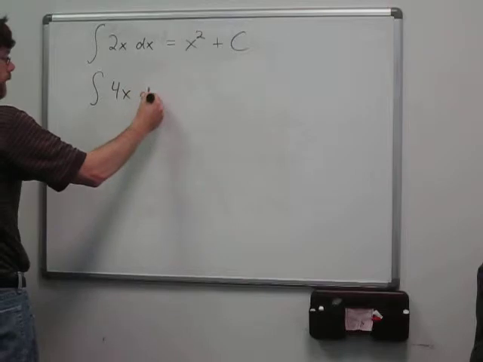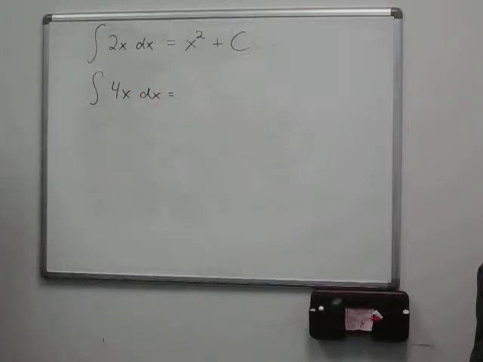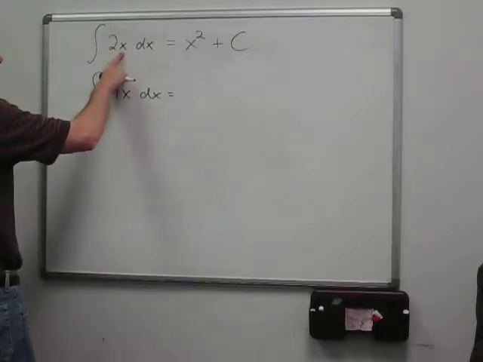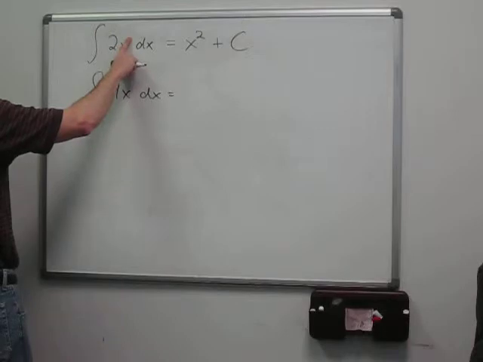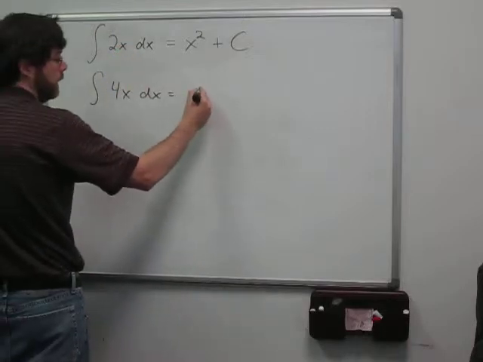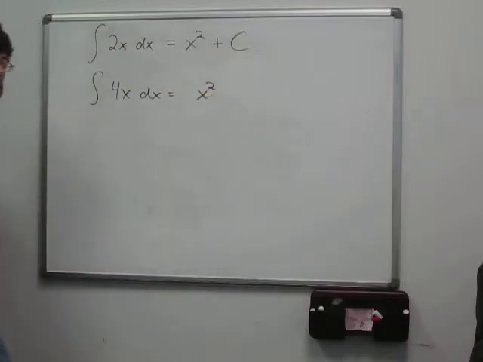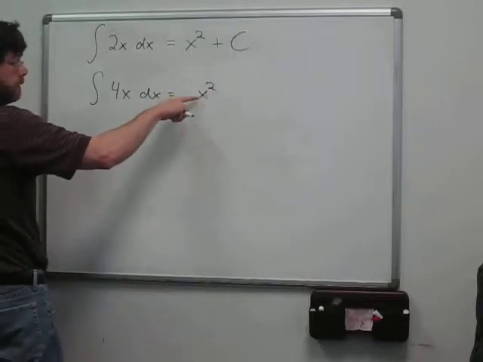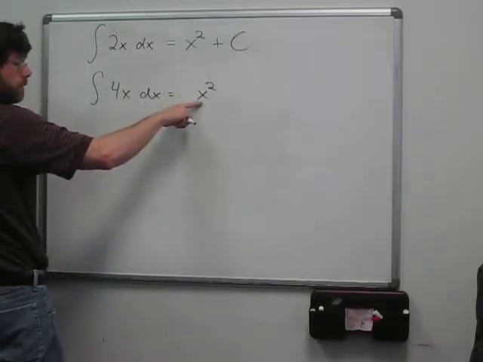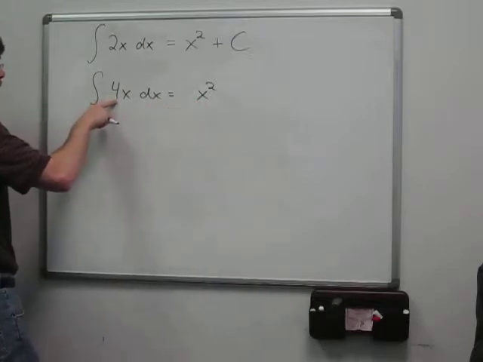So what about the antiderivatives of 4 times x? Well, as we just saw, to get a derivative involving x to the first power, we need to do something with x squared. So let's just think this through. If we take the derivative of x squared, that's going to be 2x, but I want 4x.